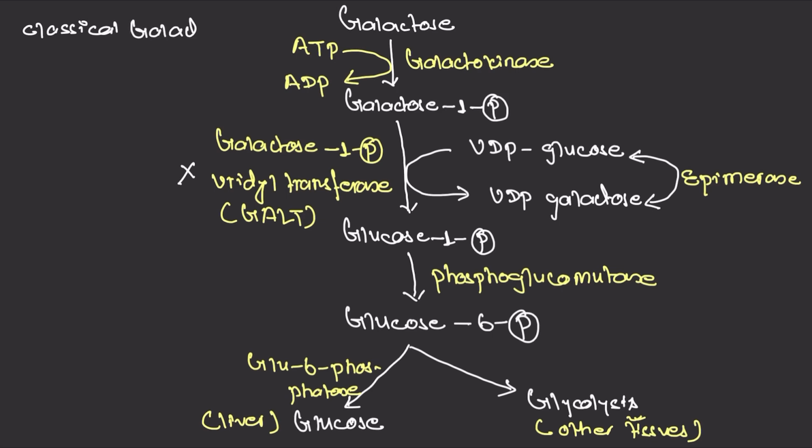So classical galactosemia is due to the deficiency of galactose 1-phosphate uridyl transferase.